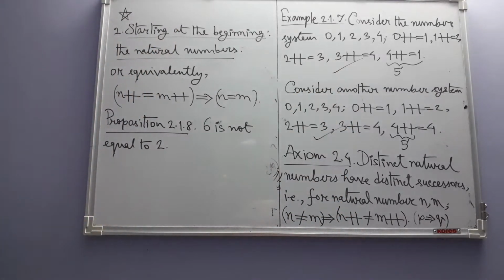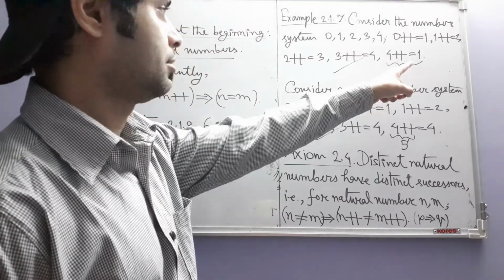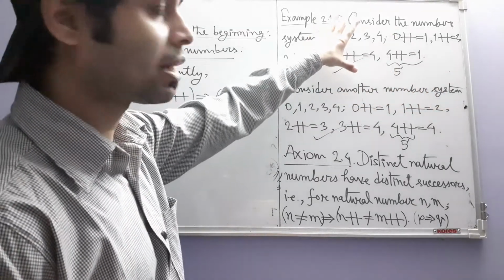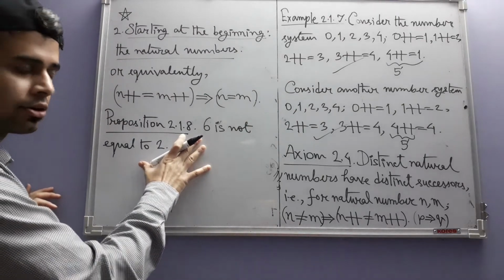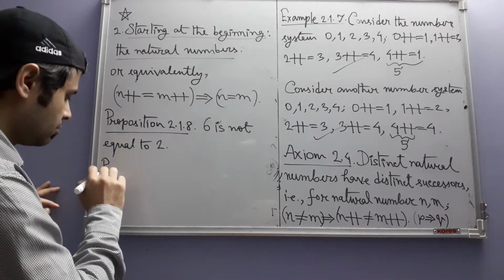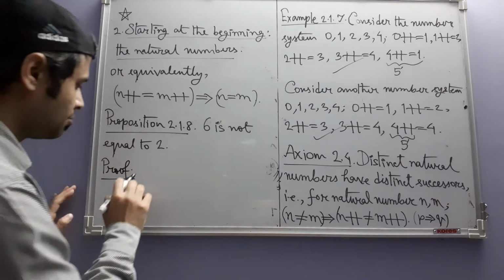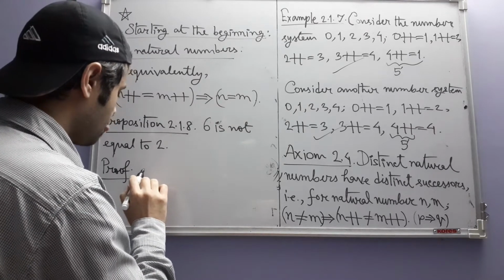So this is just one of them, because you see here 5 is equal to 1 and we will have 6 equal to 2 in this first number system. So now we show that cannot happen. So let's look at the proof. The starting is similar to the ones we have already seen.